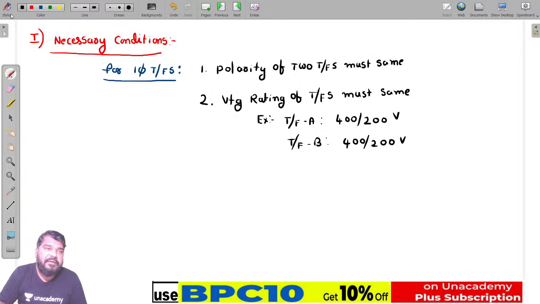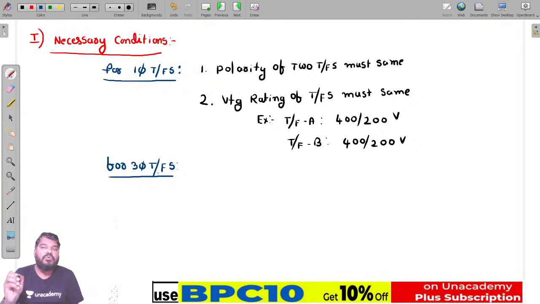Now similarly for three phase transformers, what are the necessary conditions to connect the transformers in parallel?